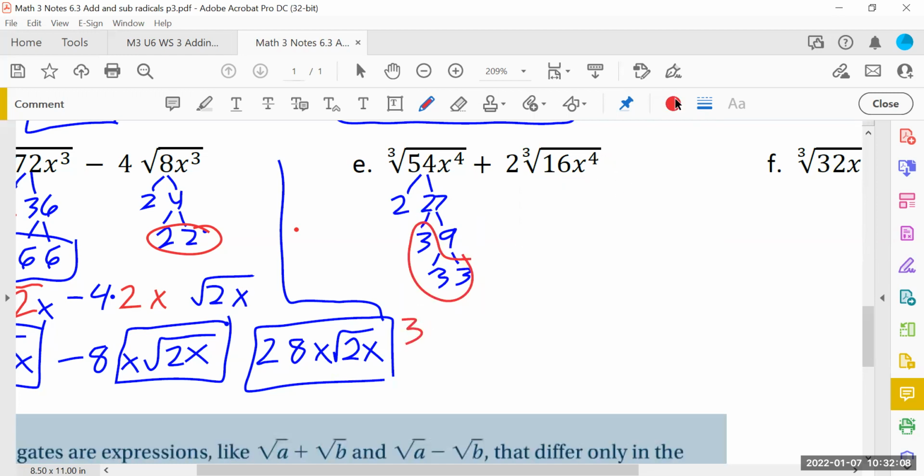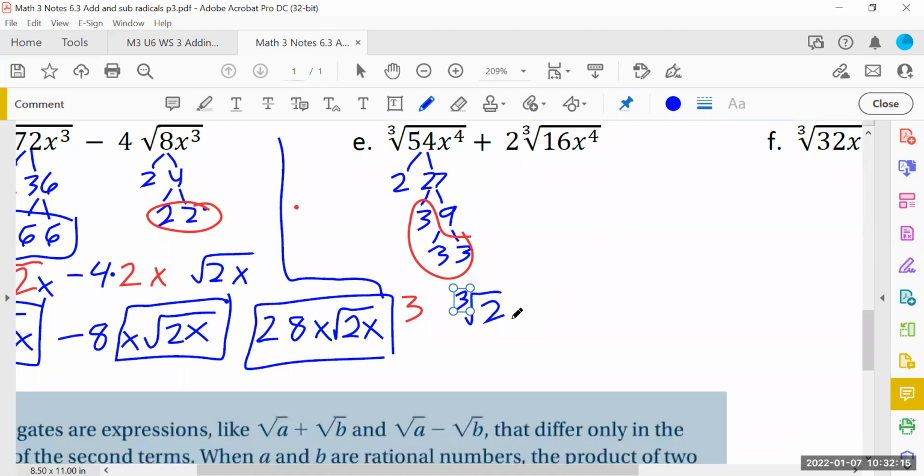The 1 2 stays inside. The x's, I can take one set of x's out, because again, there's 4. Take one set of 3 out, one's left inside.